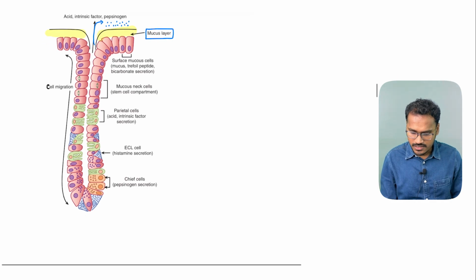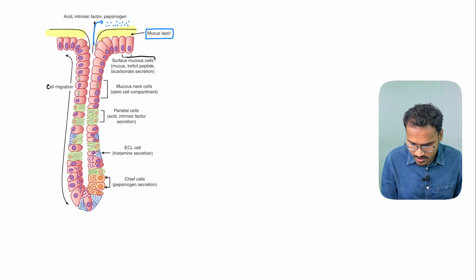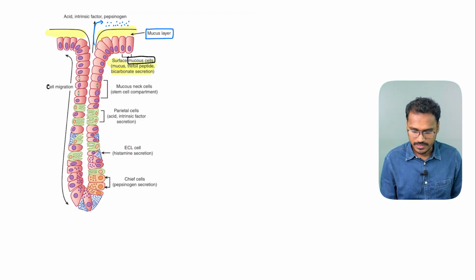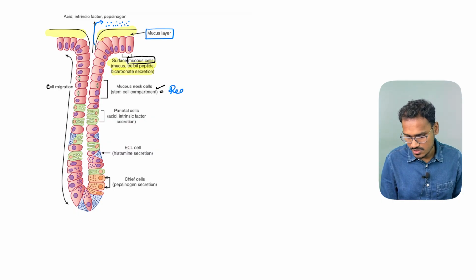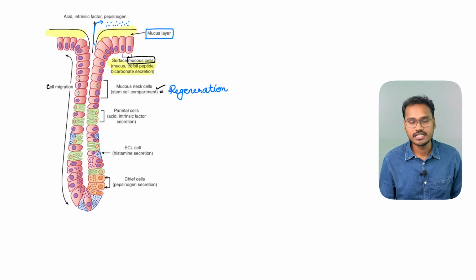Second, this is secreted by the surface mucus cells, which in turn secrete mucus, trefoil peptides and bicarbonate to protect it. Next come the mucus neck cells, which also act like stem cells for regeneration because the GI mucosa is continuously getting degraded, so they help in regeneration.